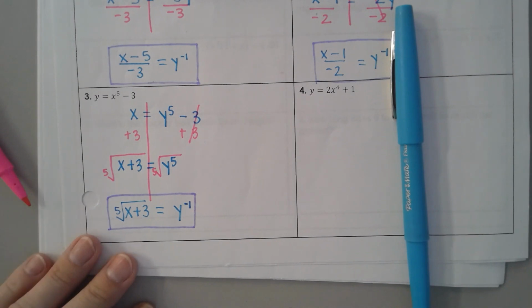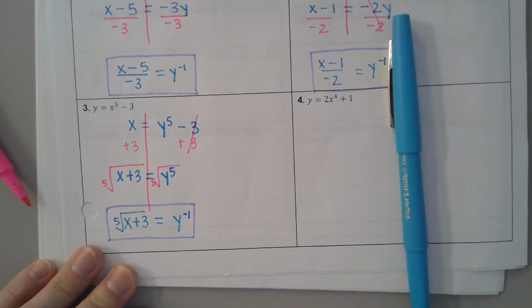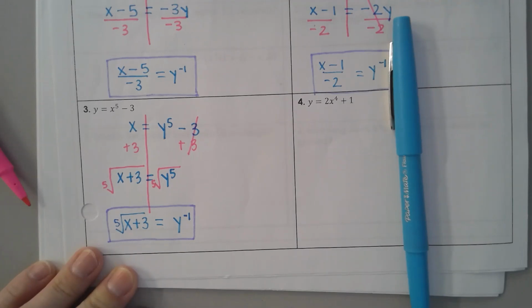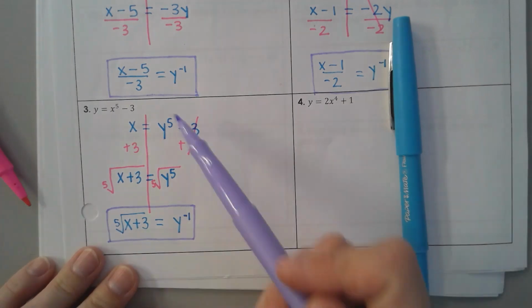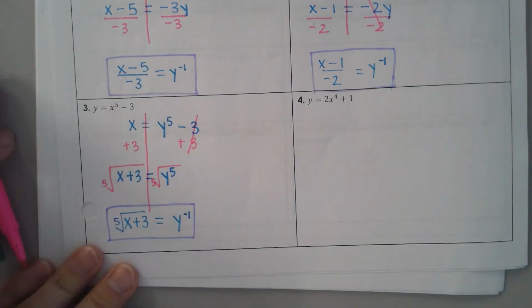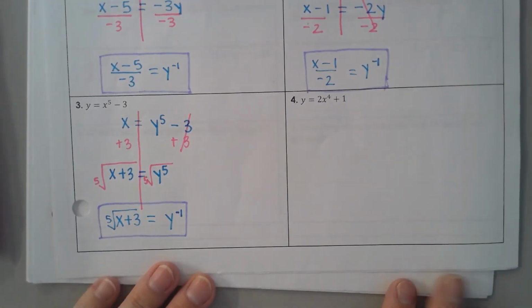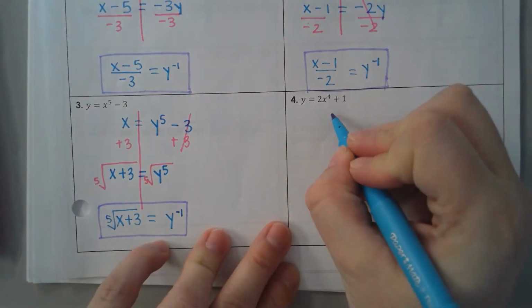It's basically the opposite of a function. The two functions are reversed inverses. This process is the process of finding the inverse. Number 4. Switch the x and the y first.